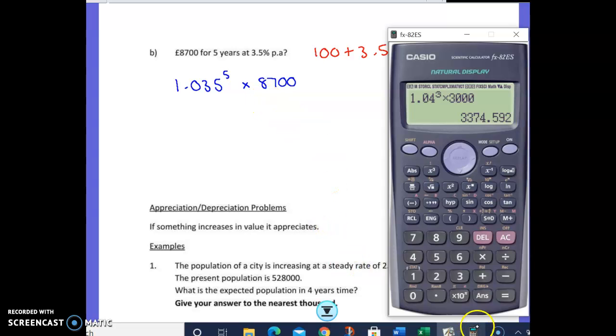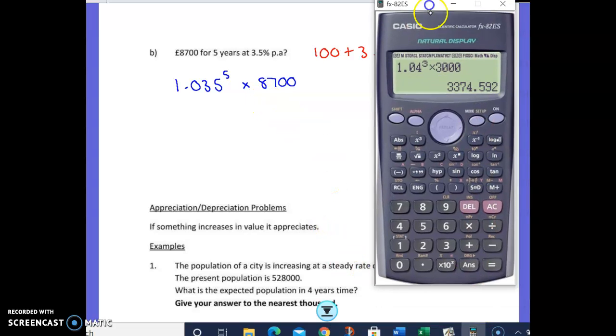Okay, calculator out. It would be a good idea, if you haven't done so already, to check this on your calculator to check you know how your calculator works. So 1.035 to the power of 5 times 8,700. That's £10,332.87.